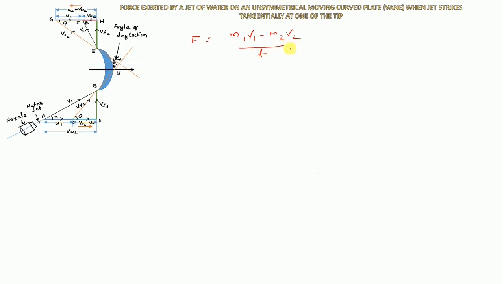If the initial mass and final mass are the same, then we can write m into v1 minus v2 by time, if m1 is equal to m2.